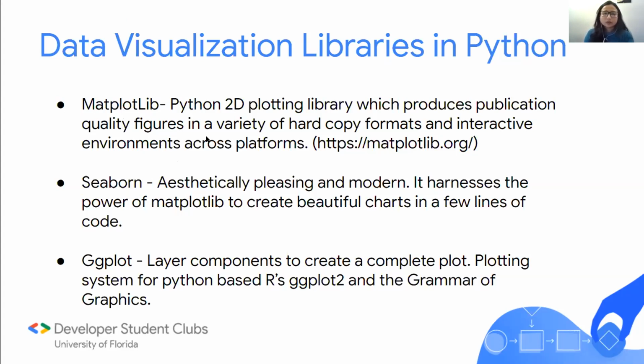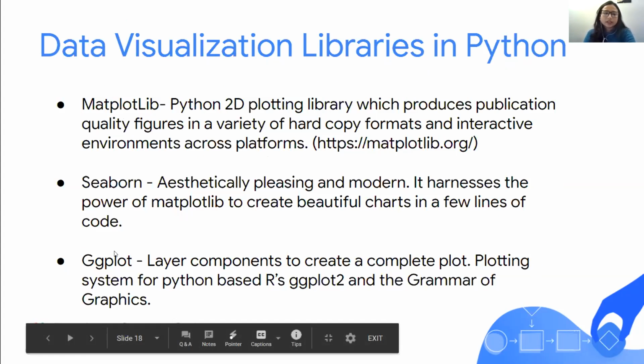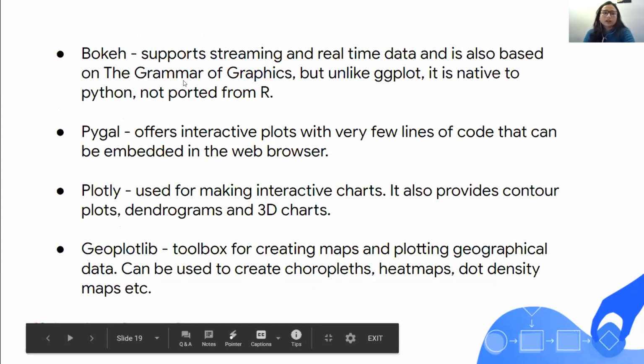I'll be going through a couple of other libraries as well. Seaborn is aesthetically pleasing and modern, and it is built on matplotlib. ggplot is taken from R, and bokeh is native to Python.